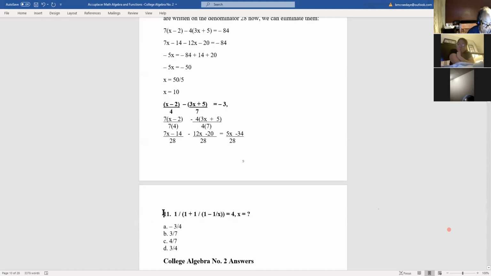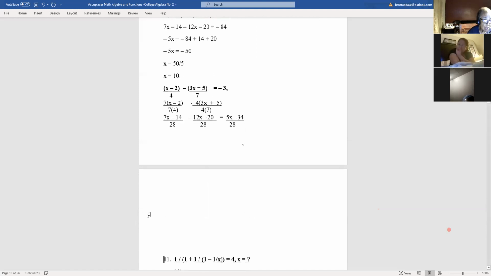It's really 2 screens. So this 5x minus 34, and this is divided by 28, because we had our denominators the same, and that's going to be equal to a minus 3.